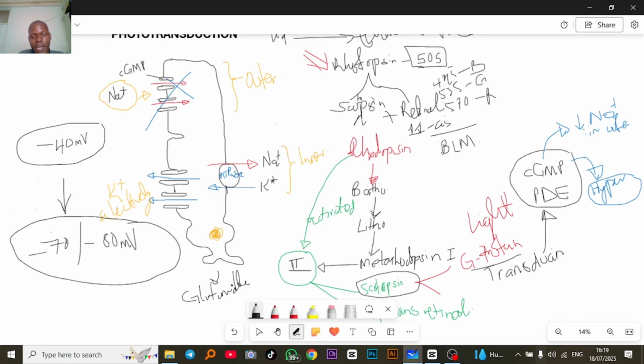So this is in the dark. However, when we have hyperpolarization coming in, you will reduce the amount of glutamate being released, which means that now you will have transfer of the sensory signals through the bipolar cells.